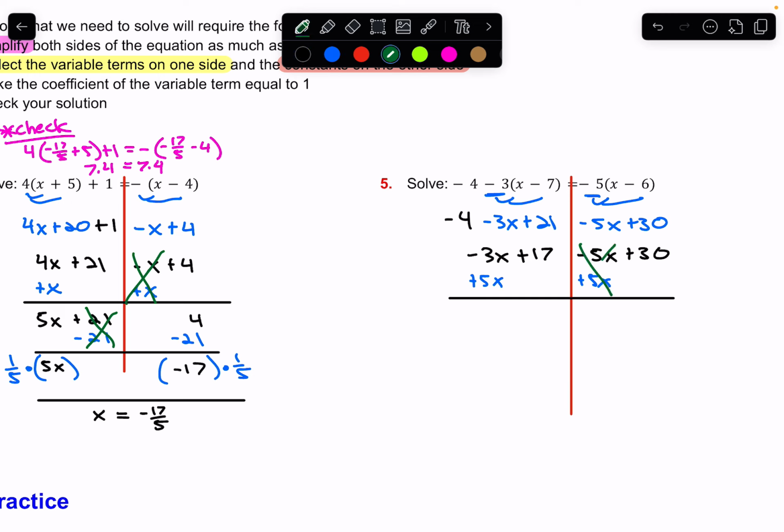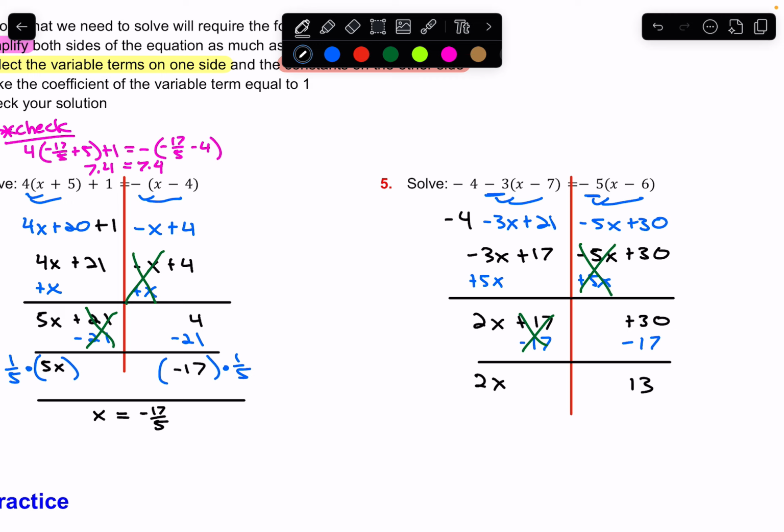Then I still have a 17 and a positive 30 out here. So now I need to move the 17 over. It's a positive 17, so I do minus 17. Go ahead and simplify. The 17s cancel. I'm left with 2x on the left and 13 on the right.